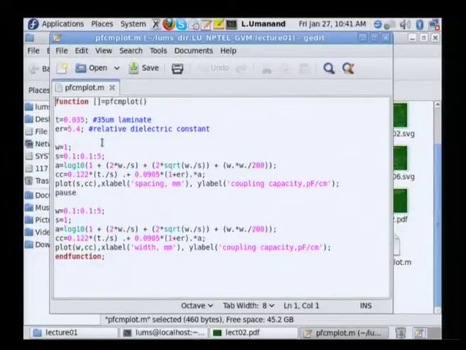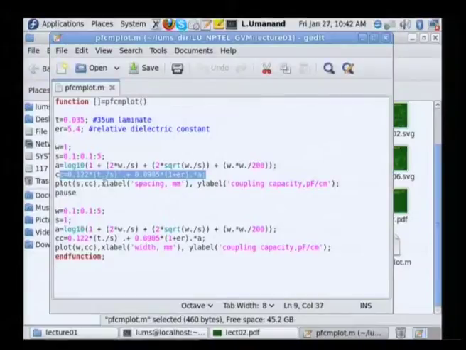Basically, it is the same equation that I just put a few moments ago. Look at this, which I shall probably mark for your benefit. This is the same equation that we had been discussing, 0.122 into t dot slash s.